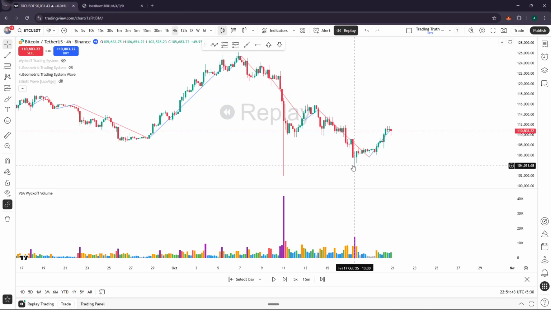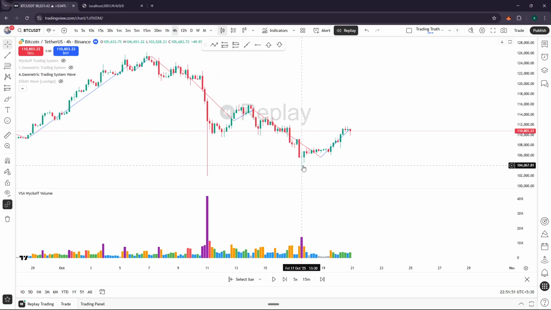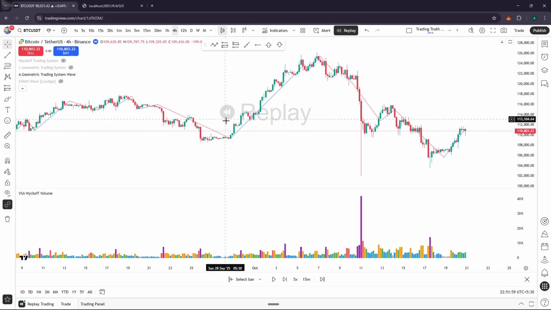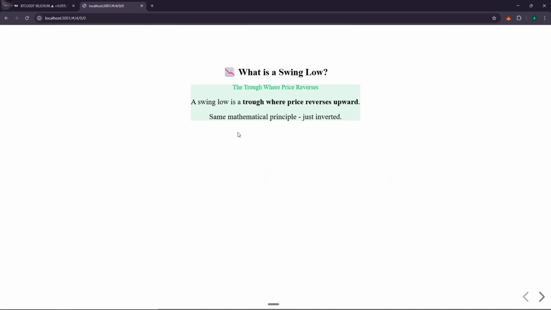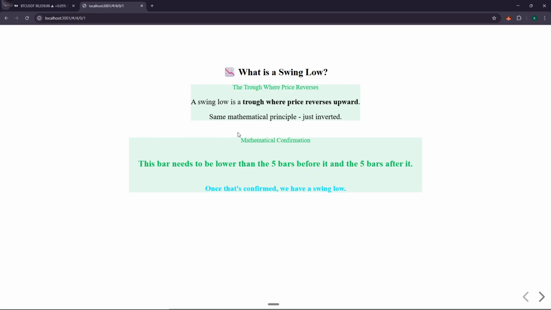In the example, I talked about the swing low, and you can reverse it for the swing high. This bar needs to be lower than the 5 bars before it and lower than the 5 bars after it. Once that's confirmed, we have a swing low. The same goes for the swing high: higher than the 5 bars before and the 5 bars that come after it.